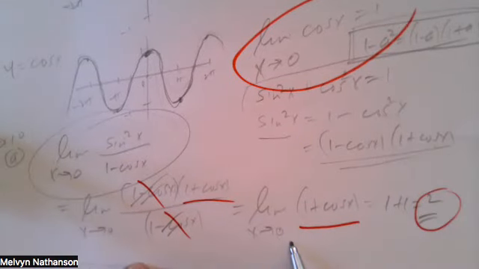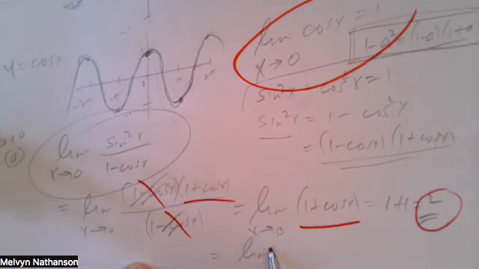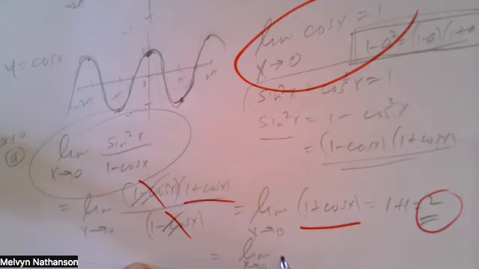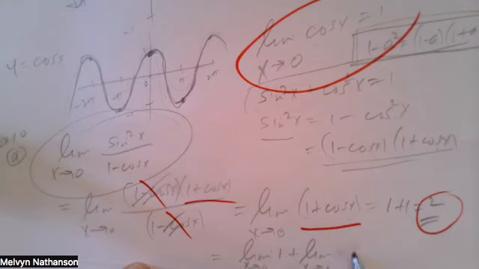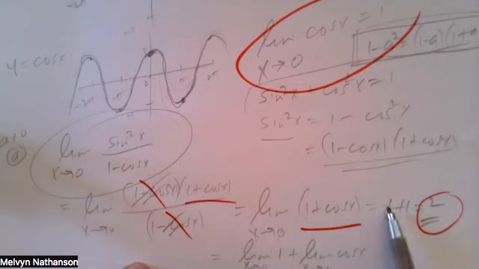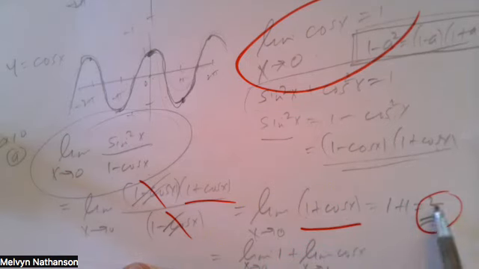That's what that says: the limit as x goes to 0 is equal to 1. So here, this becomes the limit of 1 plus cosine x. By the addition rule for limits, this is the limit as x goes to 0 of 1, plus the limit as x goes to 0 of cosine x. The limit of the constant function 1 is 1. The limit of the cosine of x is 1. 1 plus 1 is 2. That's how we got it.